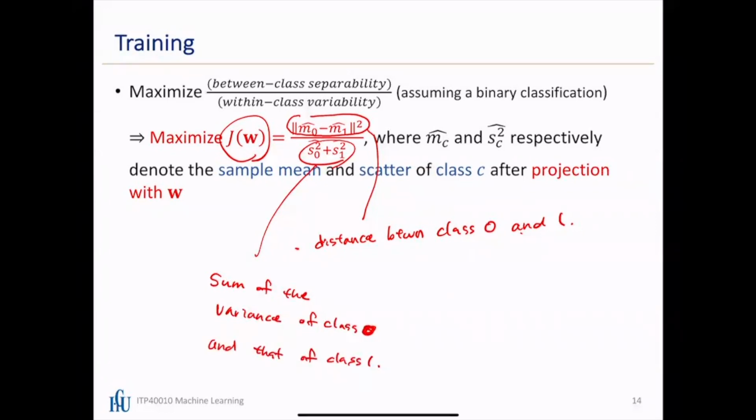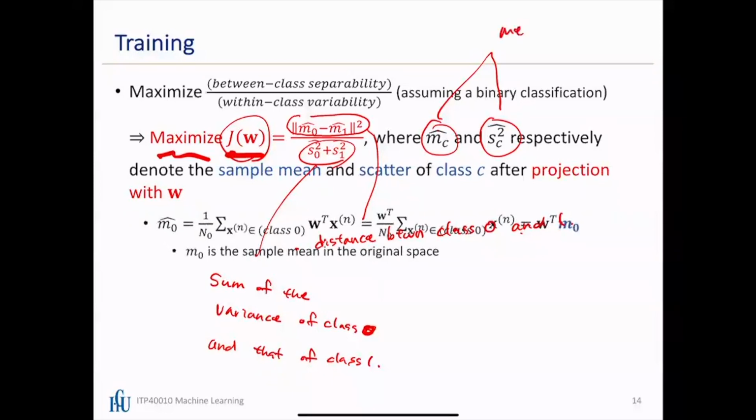So our error function is quantified as this, and we want to maximize it. Here, the hats denote the mean and variance from the projection space.